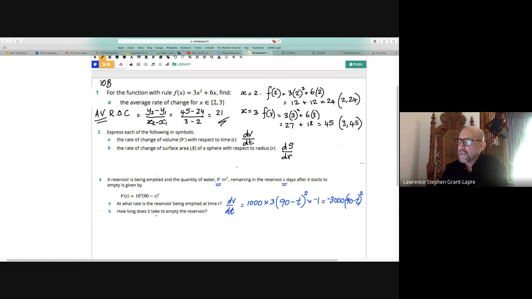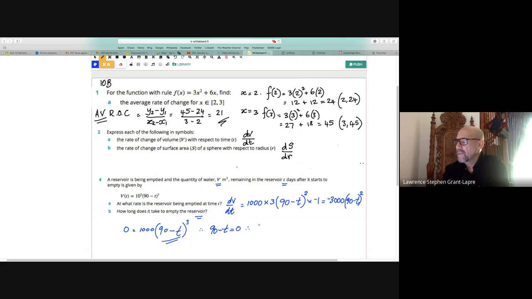How long does it take to empty the reservoir? When will the volume be 0? So really, we just want a 0 volume. So we just have to solve when will the volume be 0. According to this equation, the only bracket that could be 0 is 90 minus t has to be 0.